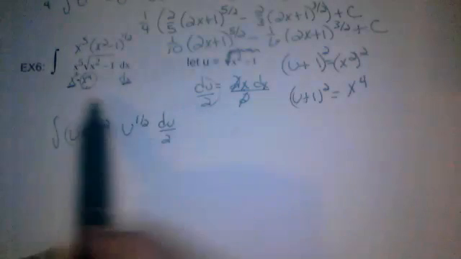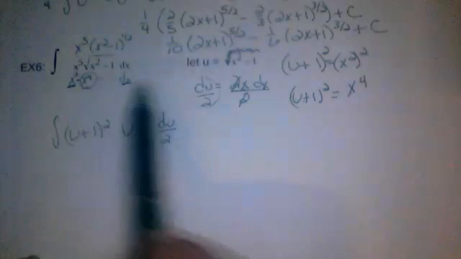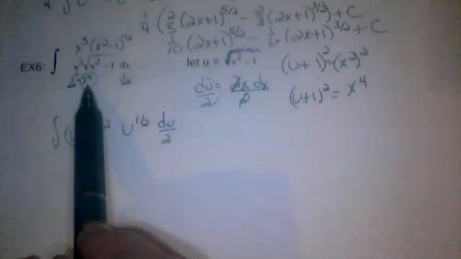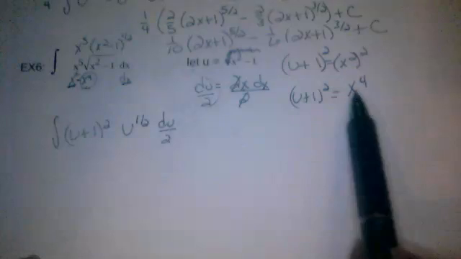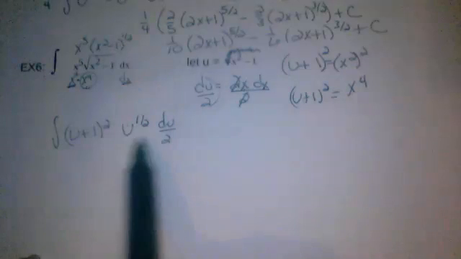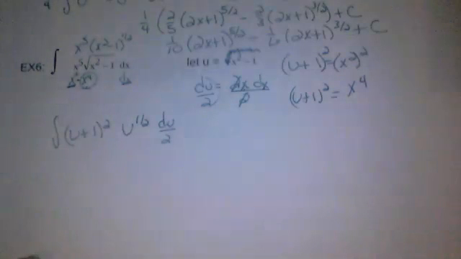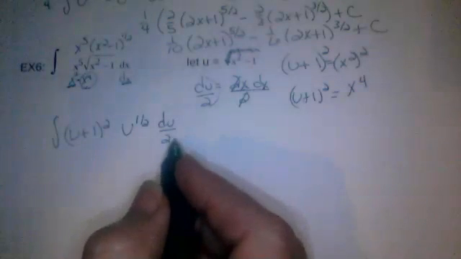So we've taken care of everything in there. X to the 5th, we just split it up so that this x dx could be replaced here. The x to the 4th we replaced here. And this x squared minus 1 to the 1/2 power here. Alright, so now we've got it all replaced. That's the hard part. So we're ready to integrate like we always do.